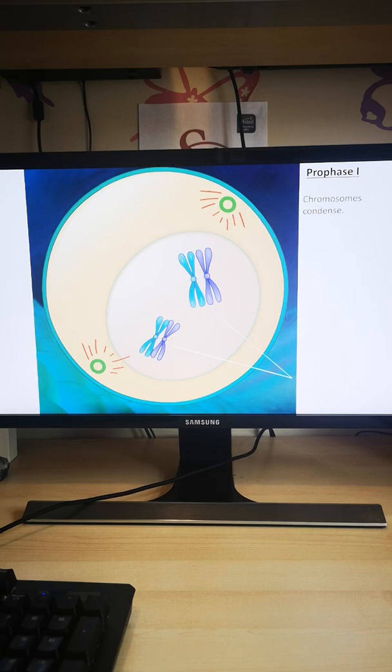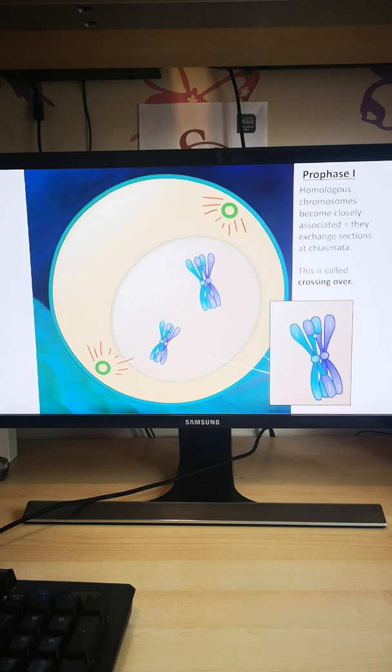Okay, so the first interesting event of meiosis happens right at the start here, where the homologous chromosomes have got together, they form bivalents, so they join together in the homologous chromosome pair, and this process takes place. It's called crossing over. The homologous chromosomes become really closely associated with each other in something called a bivalent, and then they exchange the tips of what we can refer to as the non-sister chromatids, because they're chromatids from either homologous chromosome, and they exchange tips at the chiasmata points, the crossing over points.